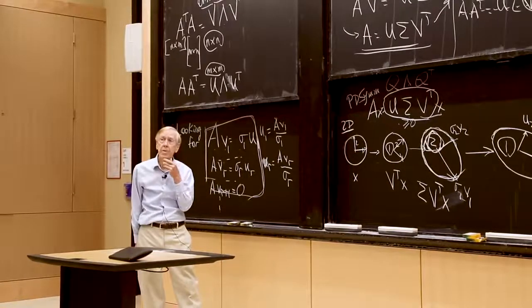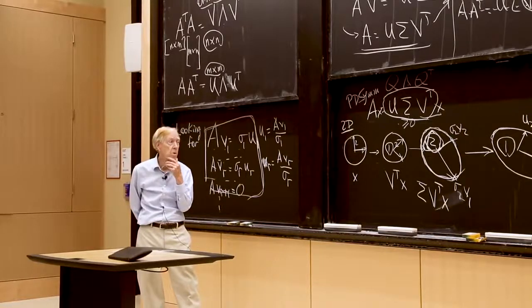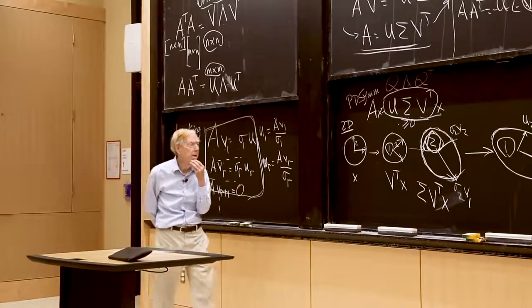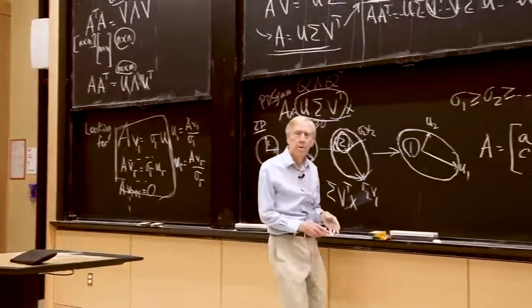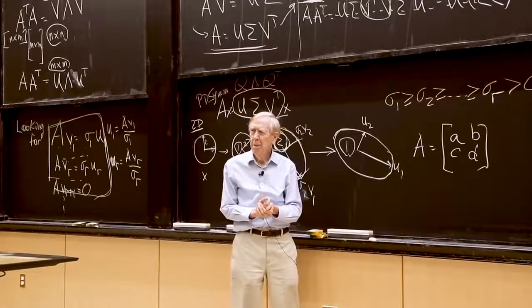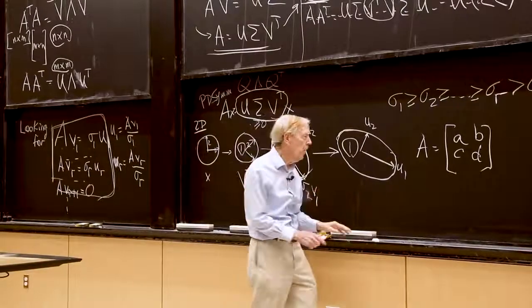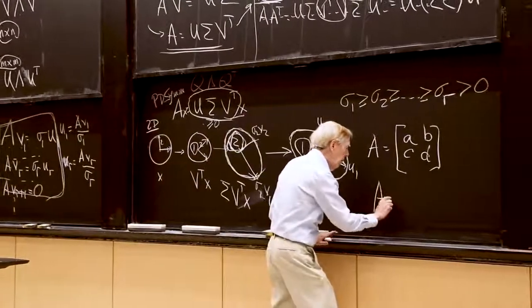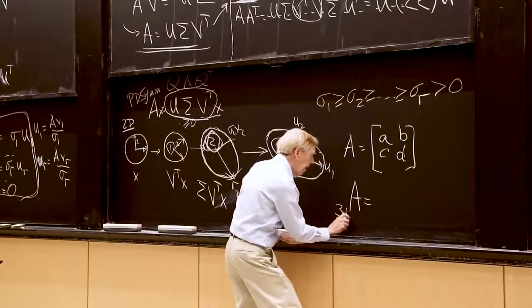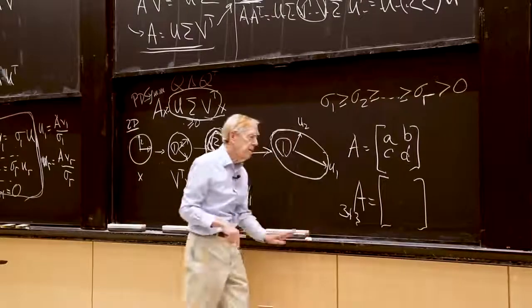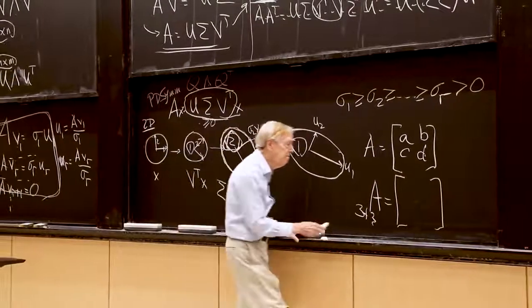And I guess if you did 3x3s, what would happen then? Let me take 3. It's sort of satisfying to get 4 equal 4. But now, what do we get for 3x3? How many numbers here? 9.